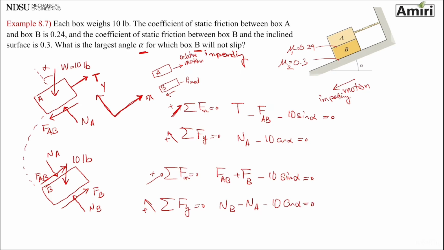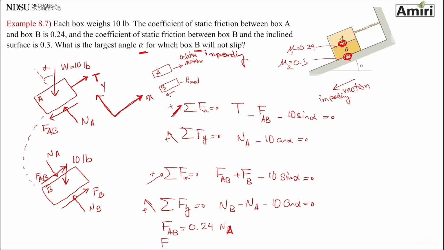And the motion or impending motion is going to happen at both of these at the same time. If block B starts to slip, both of the surfaces are going to slip. So FAB, I'm going to replace by 0.24 NA, sorry.